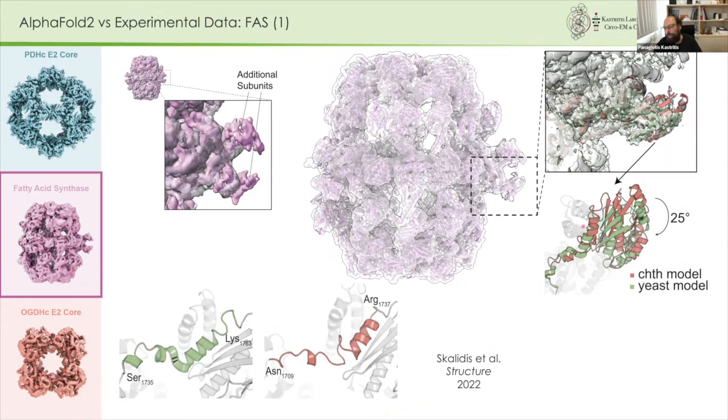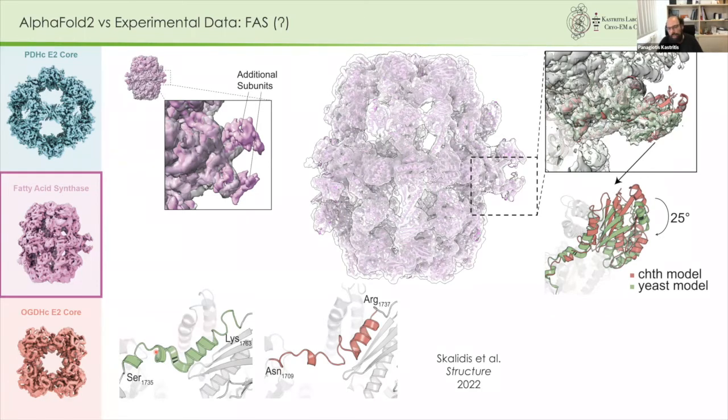With our homology models, in this low resolution density, what we could see is that this domain, which is the acetyl-CoA binding domain of fatty acid synthase, shows some kind of rotation compared to the yeast structure deposited in the PDB, which is probably mediated by a flexible linker.